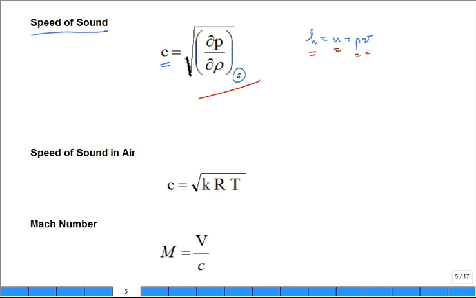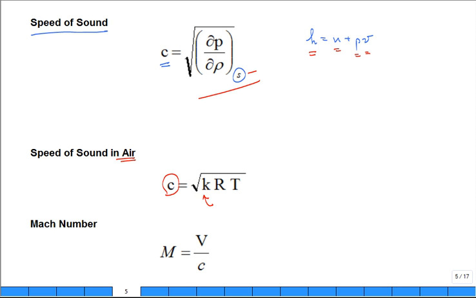And this line is based on holding s constant. We'll derive that. When you have this relationship, if you assume for air, because we do a lot of calculations with air as the fluid, you find that the speed of sound in air, assuming a constant specific heat, is equal to the square root of kRT. That's a very easy to use relationship.